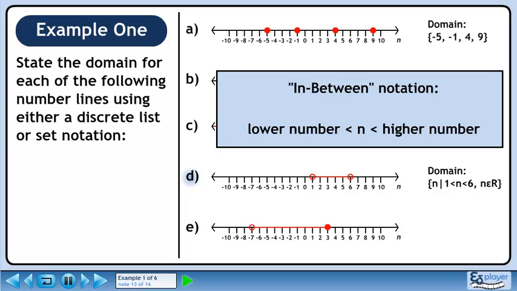Returning to part D, we can write the condition as 1 is less than n, which is less than 6, since 1 is the lower number and 6 is the higher number. We read this as, the domain is n, such that n is between 1 and 6, where n belongs to the set of real numbers.